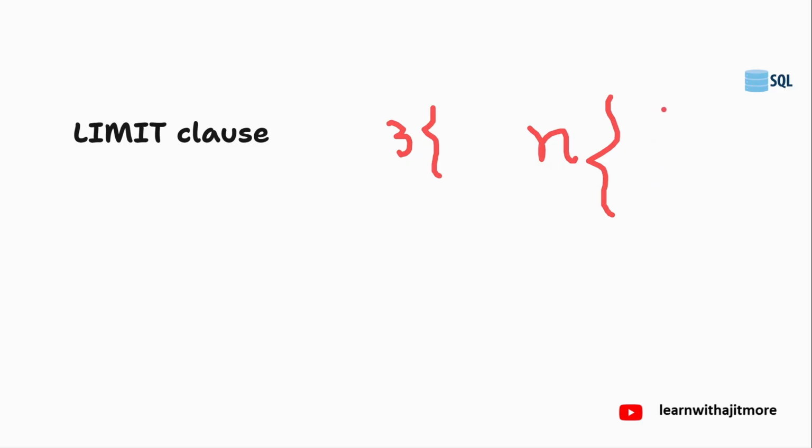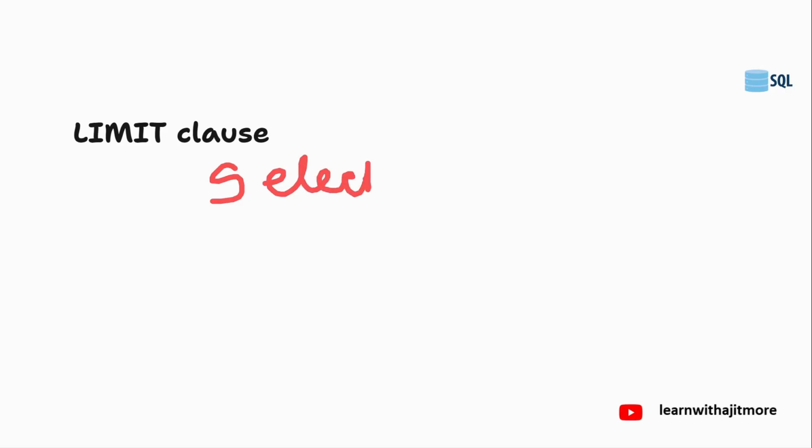The query has produced a large output. There can be many records, but while displaying, I just want to show the first n records only. So you want to limit the number of records which can be shown to the end user. Then use the limit clause. Getting it? So your normal query will be there: select whatever from, okay.